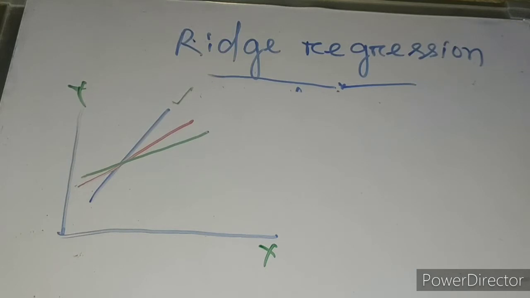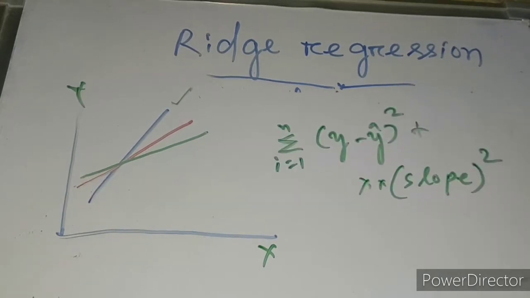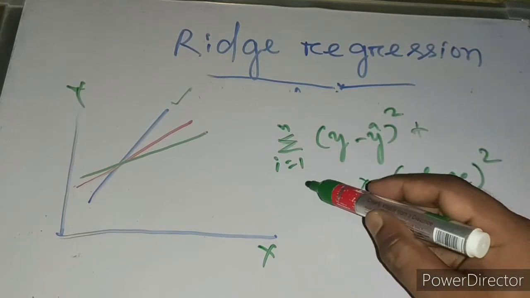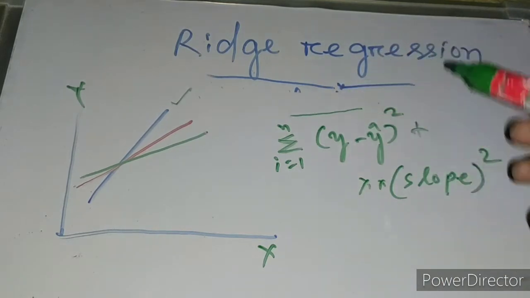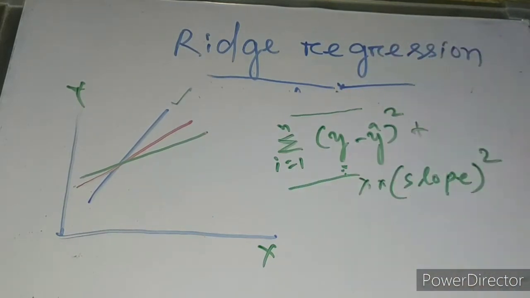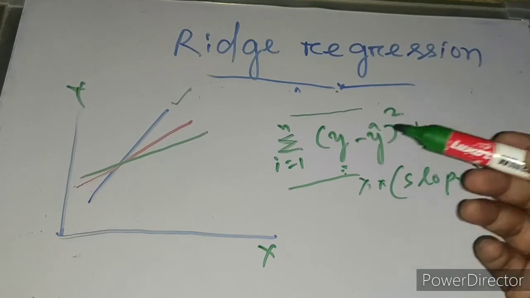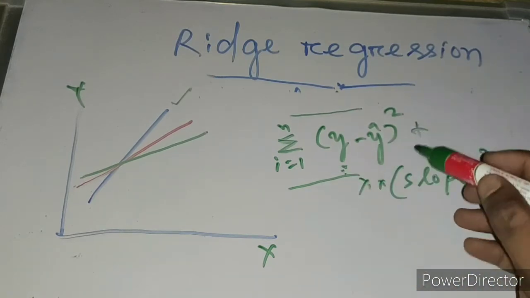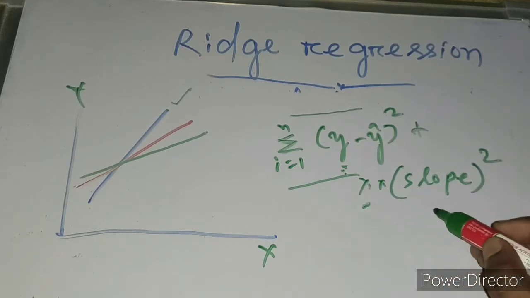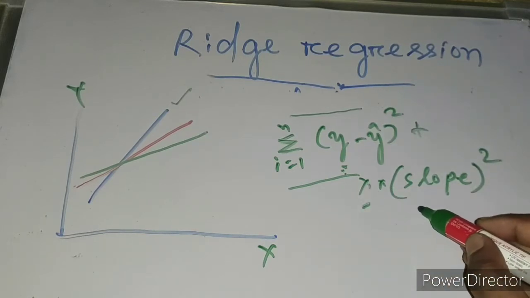So how do we reduce the stiffness using code? The formula, as you can see on the screen, is the sum of residuals, which is calculated in linear regression as we have already calculated, that is the error, plus the lambda value times the square of the slope.